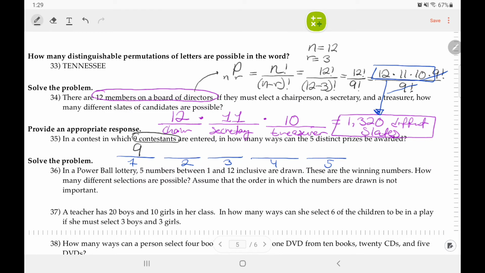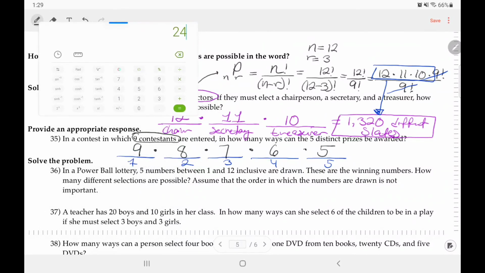Once a person's been awarded a prize, they're not selected anymore, which means 8 contestants can take the second prize, which leaves 7 for the third, 6 for the fourth prize, and 5 contestants that can take the fifth prize. Multiply that: 9 times 8 times 7 times 6 times 5.